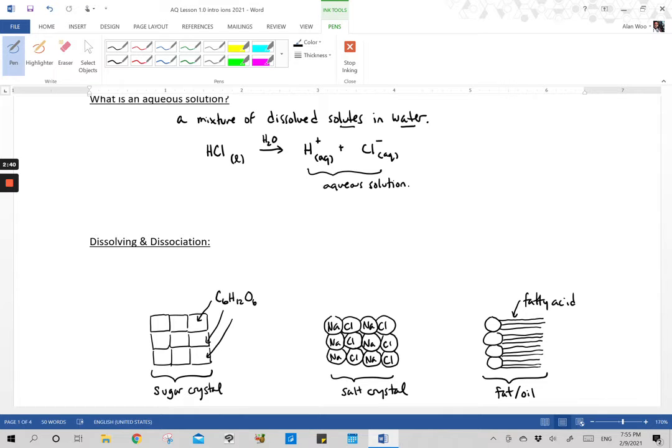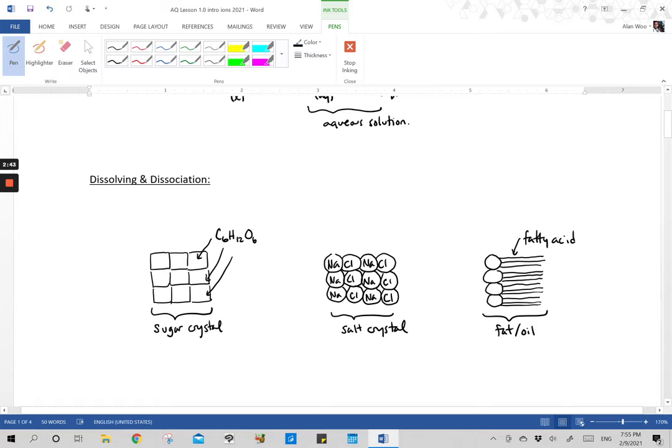At the bottom here, I have three diagrams. I have a crystalline structure of sugar, which is different sugar molecules stacked on top of each other to form a sugar crystal. The type of sugar that I've chosen is C6H12O6, which is glucose.